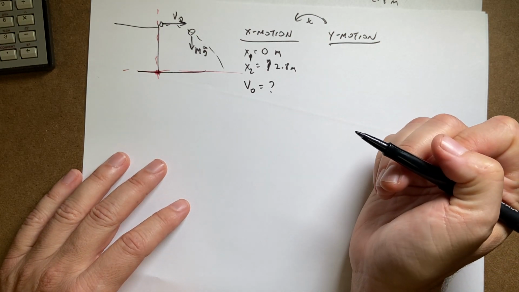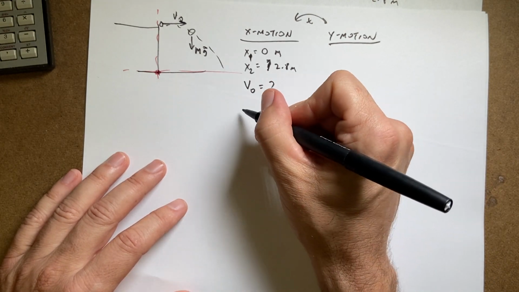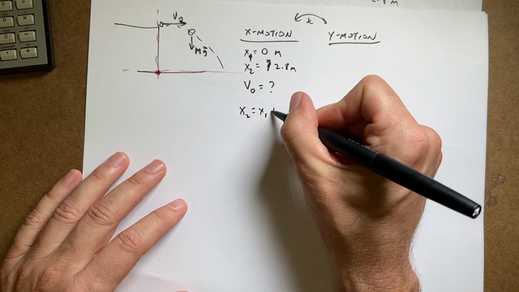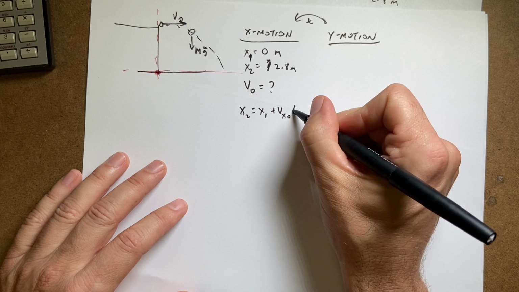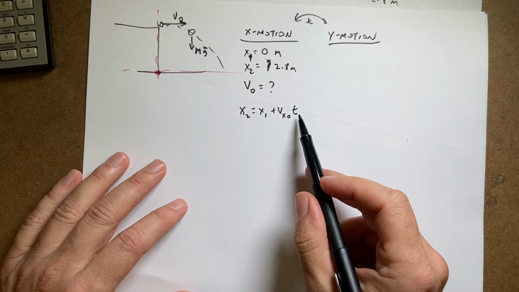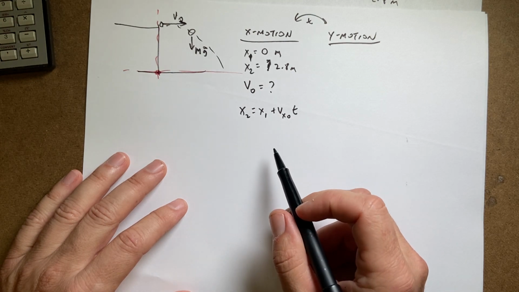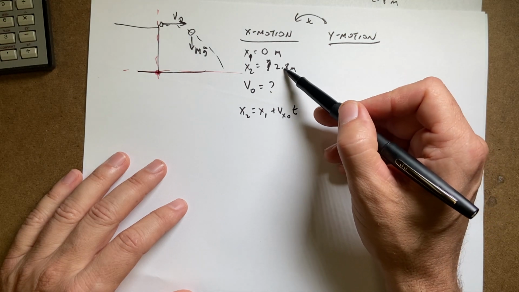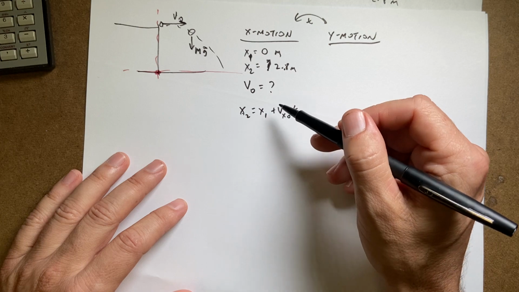And now I can write down my x equation. There's only one kinematic equation in the x direction that makes any sense: x final equals x initial plus v x initial times t. This is one of the kinematic equations. The acceleration is 0, so this just comes straight from the definition of average velocity. So I know this and that.